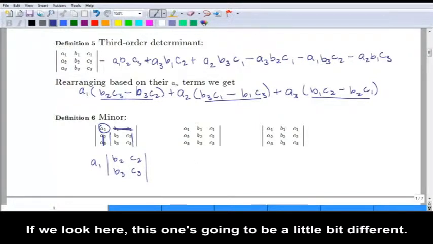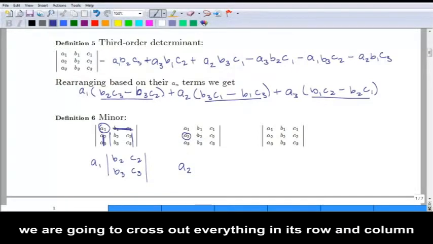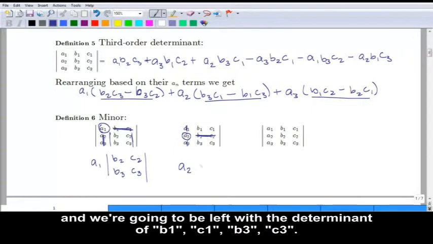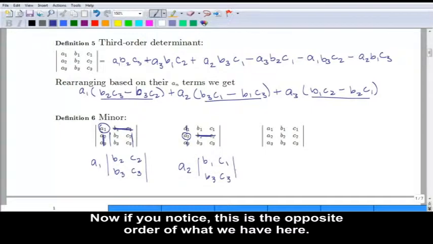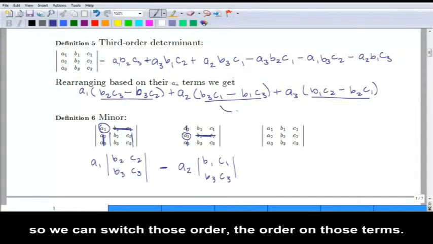If we look here, this one's going to be a little bit different, but if we circle the A2 term, we're going to cross out everything in its row and column, and we're going to be left with a determinant of B1, C1, B3, C3. Now if you notice, this is the opposite order of what we have here. We've got essentially the negative, so we're going to pull a negative out front so we can switch the order on those terms.